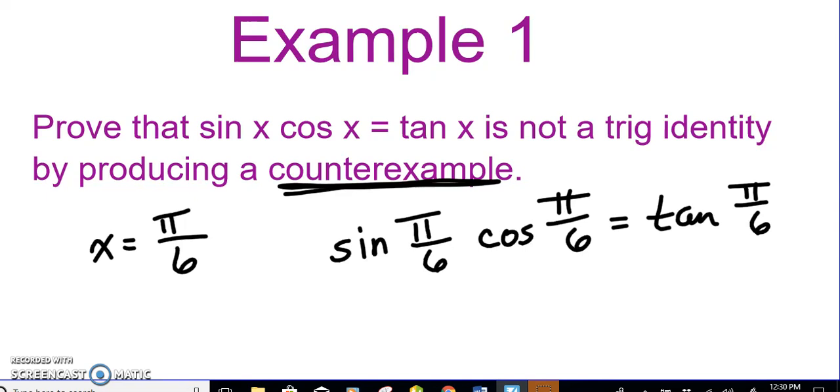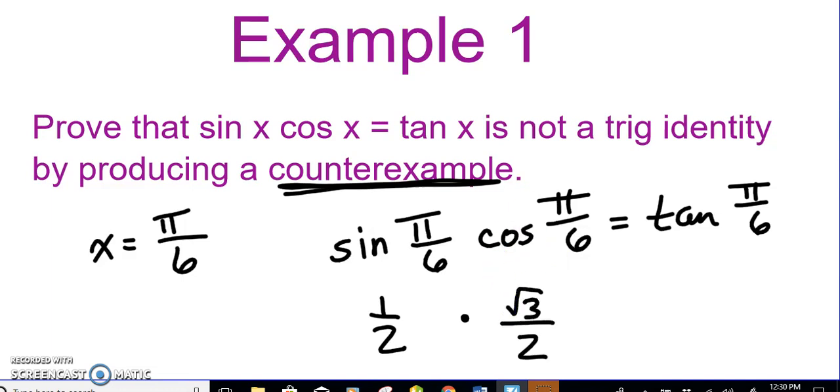So let's say we're using pi over 6. Sine of pi over 6, if we look at our unit circle or the graph itself, we know that's going to be 1/2. And cosine pi over 6, again, looking at the unit circle or the graph, we know this is the square root of 3 over 2.